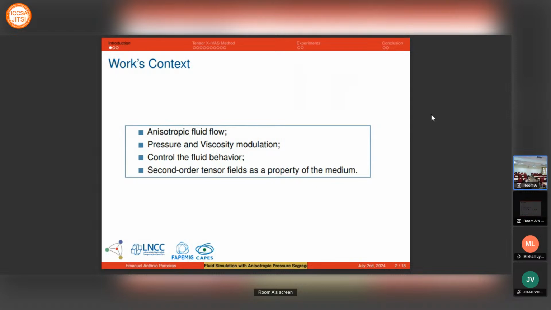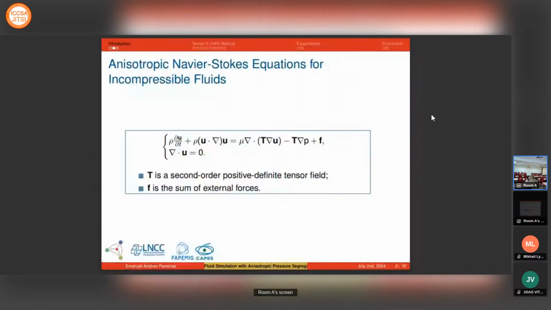To modulate the pressure and viscosity terms, we use second order tensor fields, which we can interpret as space deformation. So we can control the flow through this space deformation by the second order tensor field.